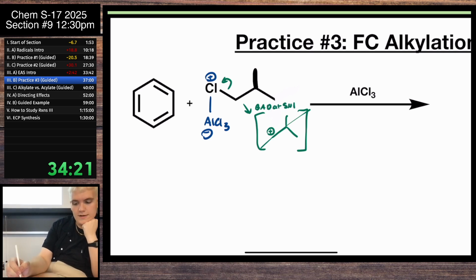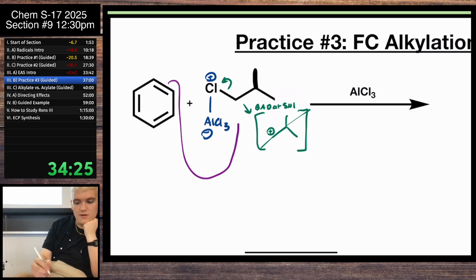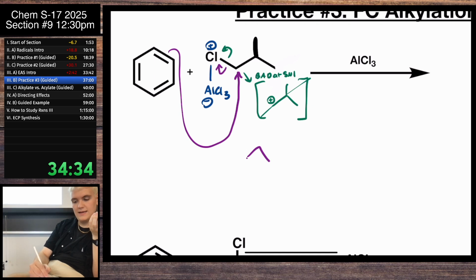Okay, what if we tried SN2? So what if we just tried our nucleophile coming and doing a backside attack here? Yes, it could happen, in which case we would get something that looks like this, or I deleted a carbon. It's really, really common to delete a carbon.